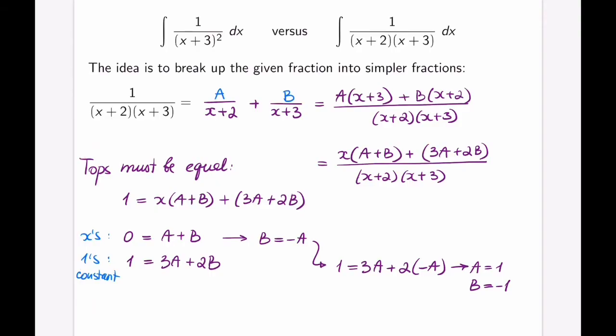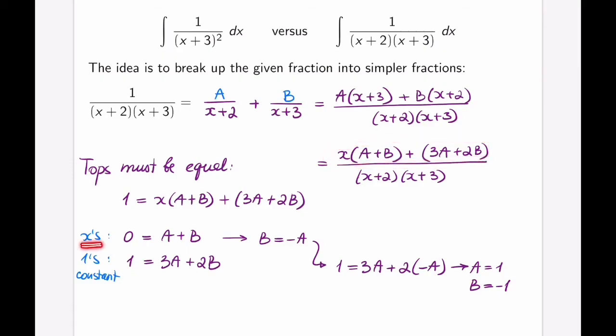So what I did was assume that my fraction can be split up into these two, but with some, for now unknown to me, numerators. I then took all of that and actually brought the common denominators back together. Then I formed the numerator by powers of x, and then I actually compared powers of x.